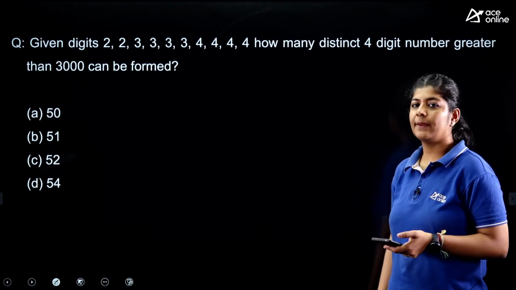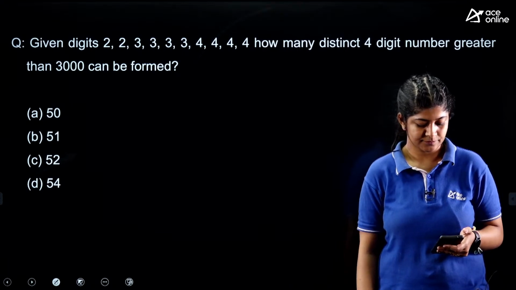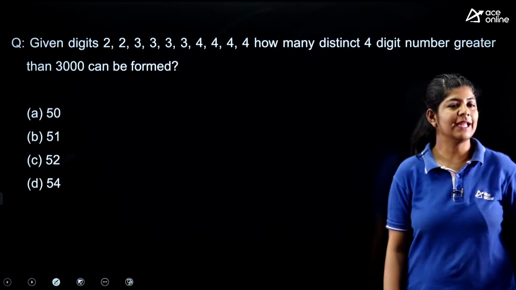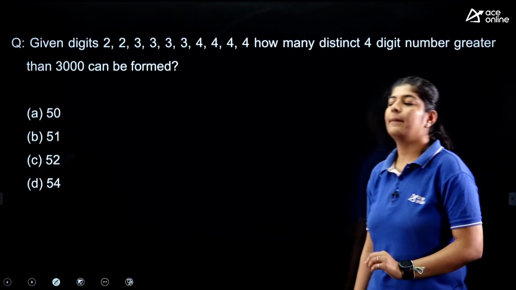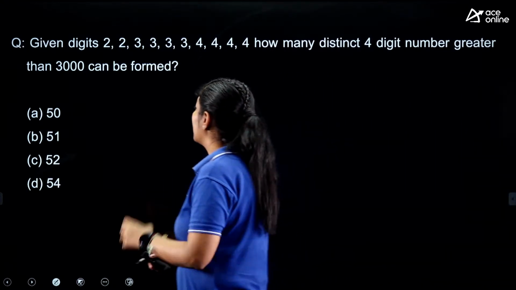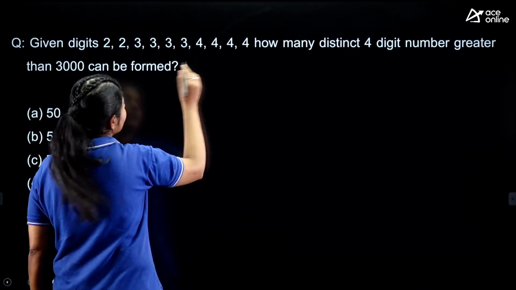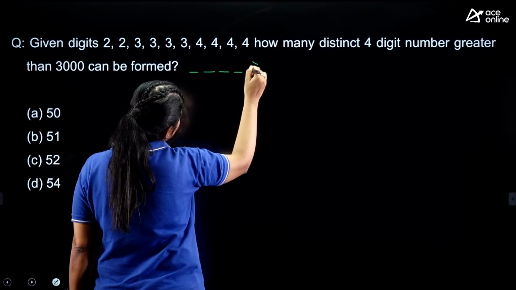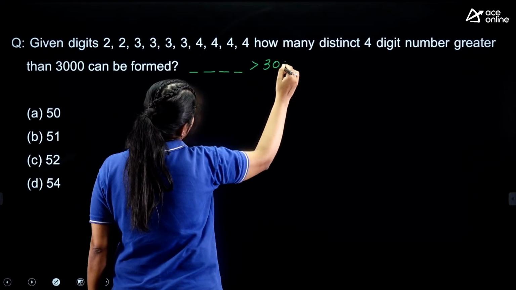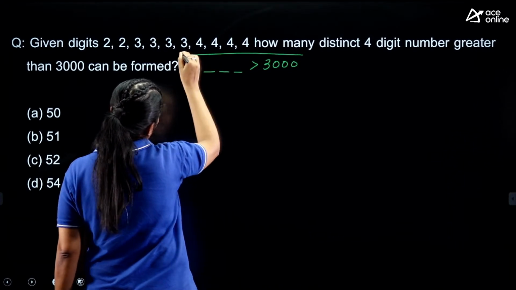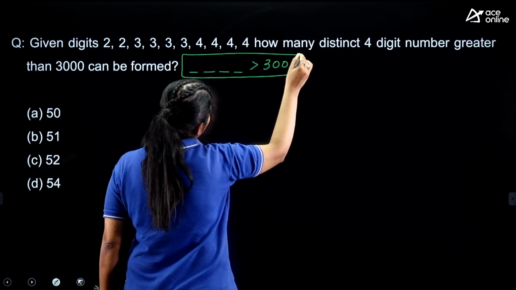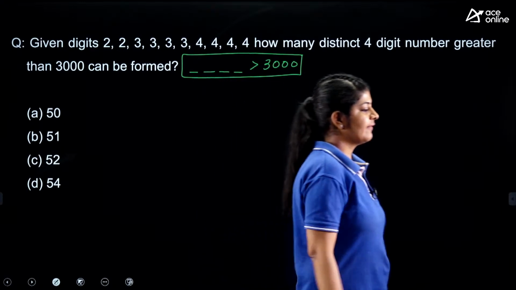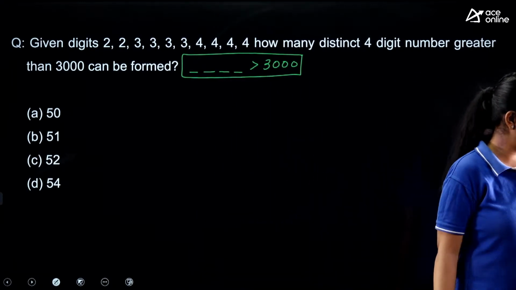Any one of you in the comment section? The question is saying that I have to make a 4-digit number, but that number should be greater than 3000. And I need to use these given digits only. So what answer are we getting?